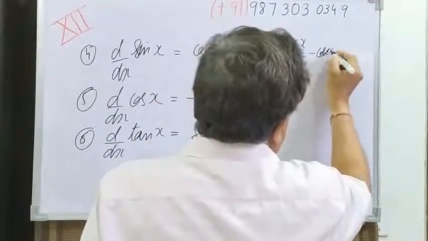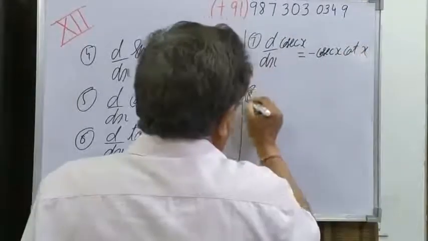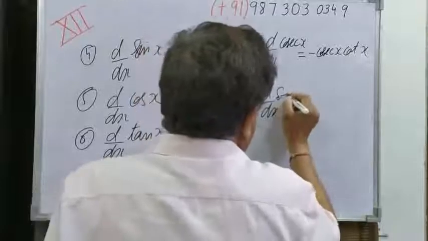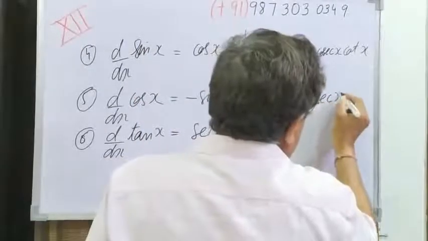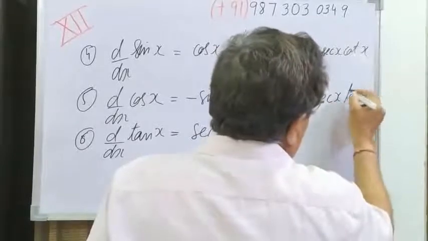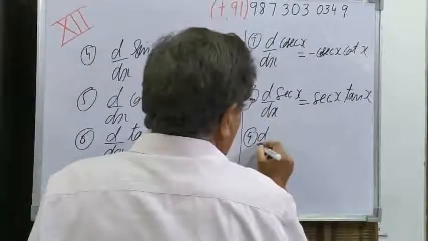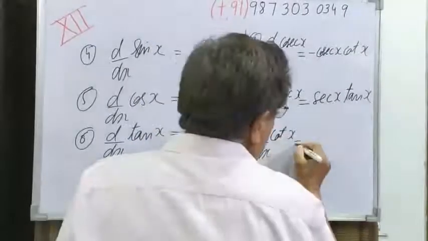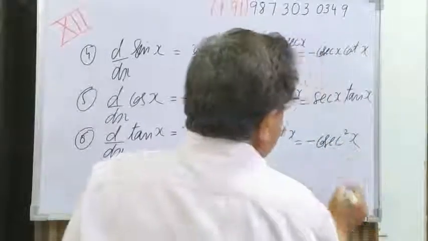Minus cosecant x into cot x. Derivative of secant x is secant x into tangent x. And the next, derivative of cot x, is minus cosecant square x.